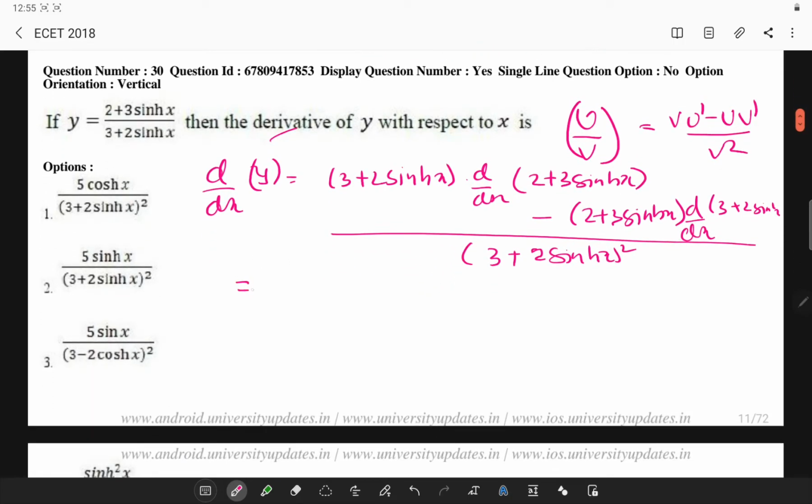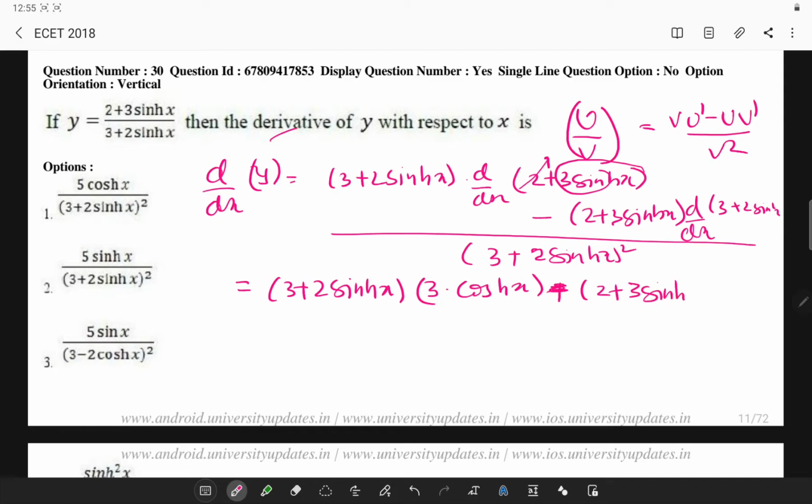So this is simply (3 plus 2 sinh x) into, if I calculate the derivative, 2 is a constant so it is 0, and I'll be left with 3 times the derivative of sinh x, which is cosh x. Similarly, I'll have (2 plus 3 sinh x); the derivative of the constant is 0, so I'll be left with 2 into the derivative of sinh x, which is cosh x, and I have (3 plus 2 sinh x) whole square.